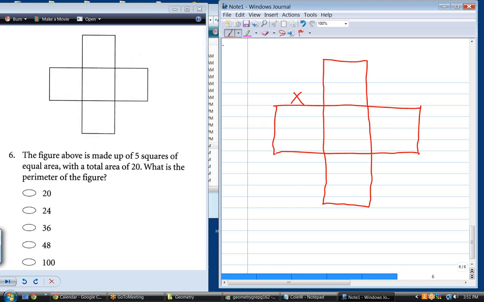If the total area of the 5 squares is 20, what's the area of each square? 4. What's x? 2.